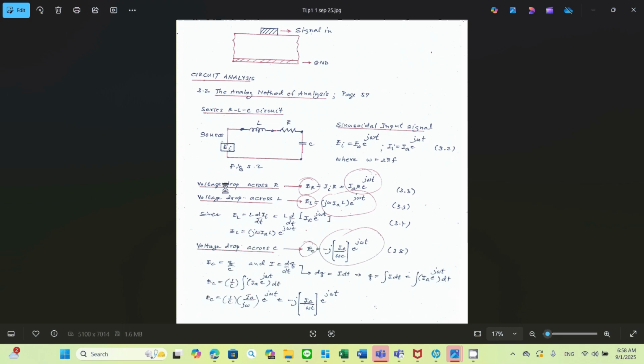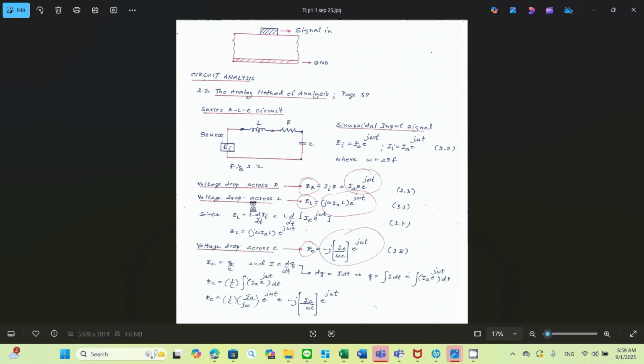Now let's take a look at the voltage drop across L, across R, and across C. By applying Ohm's law, for the voltage drop across R, your ER is simply equal to IR. This is straightforward because the current is equal to IA exponential j omega t.